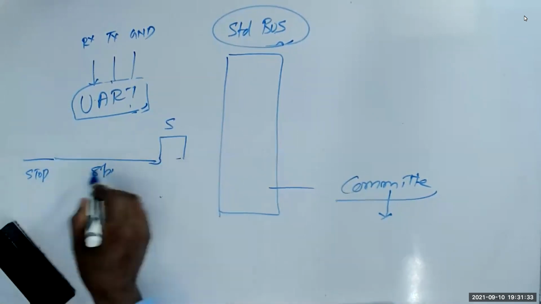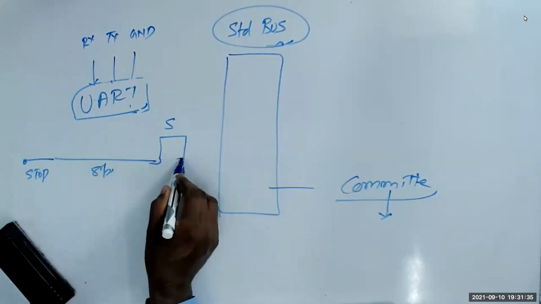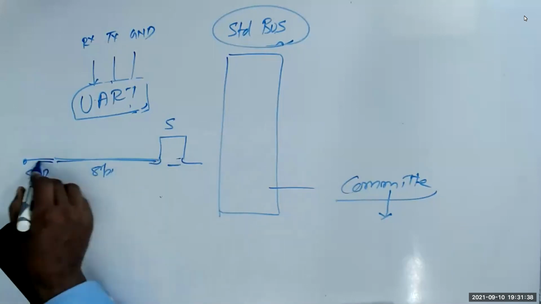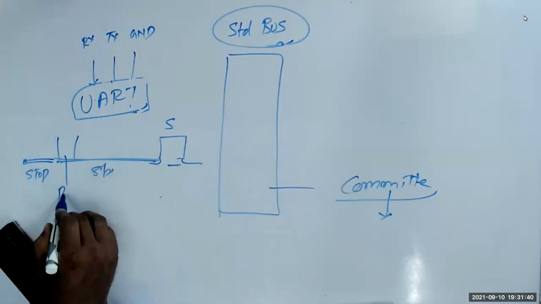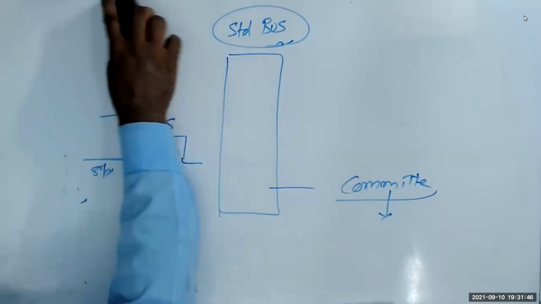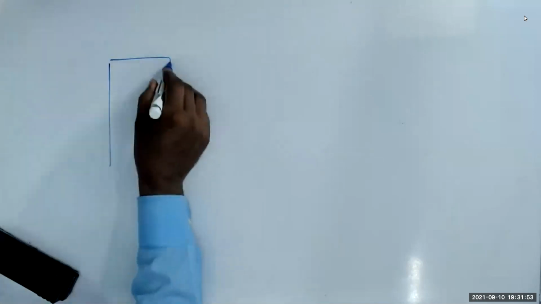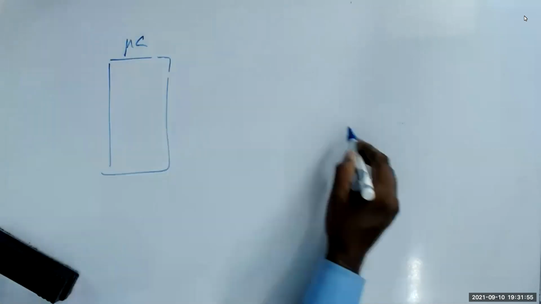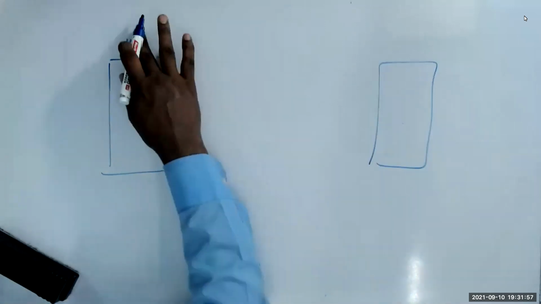So this is a protocol here: sending one start bit, 8 bits, the stop bit, and the 8th bit is parity. This is a small protocol. You need to follow that. If you do not understand, that is the trick. The trick here is that the standard bus is defined. I have a microcontroller, and I have another controller, say a microprocessor.